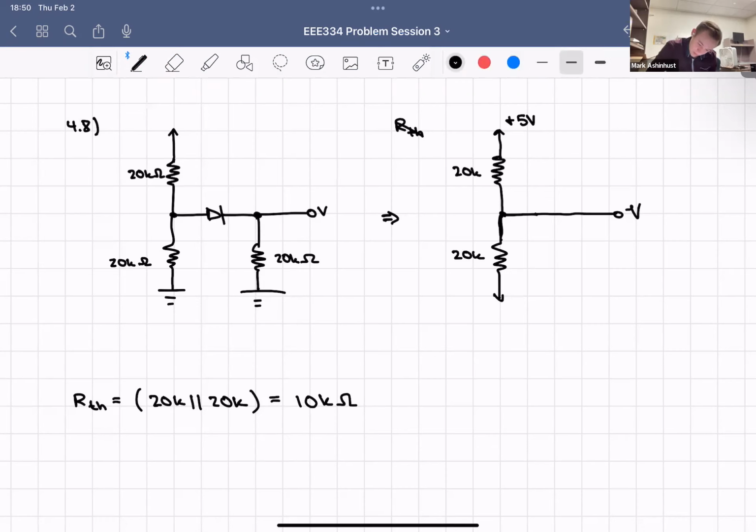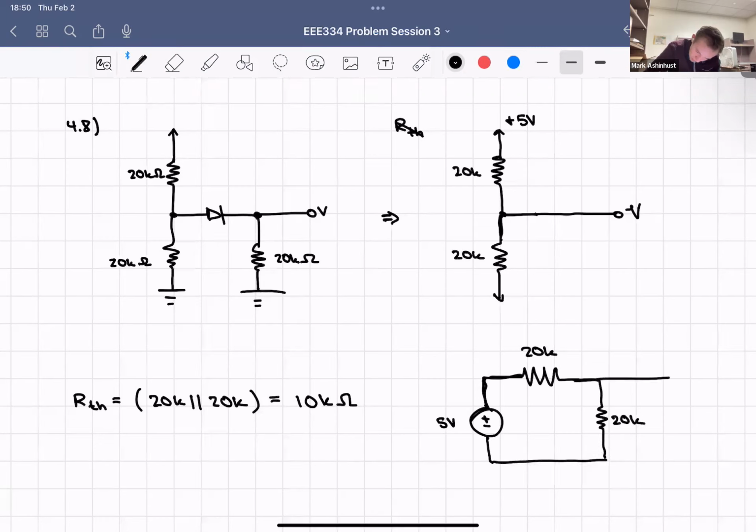Putting it in simple terms, if you pulled up a WikiHow on voltage dividers, this is what it's going to look like. But I'm adding our numbers in there, so we'll have 20K, and then we'll have 20K here. And then that'll be going to V out, or V. That's a voltage divider over the 20K.